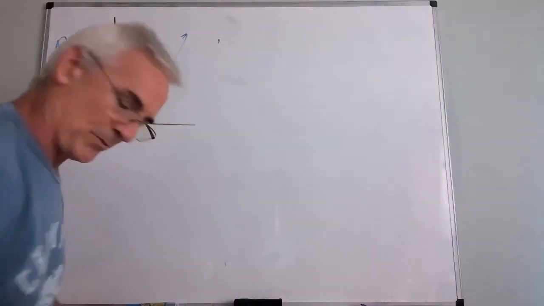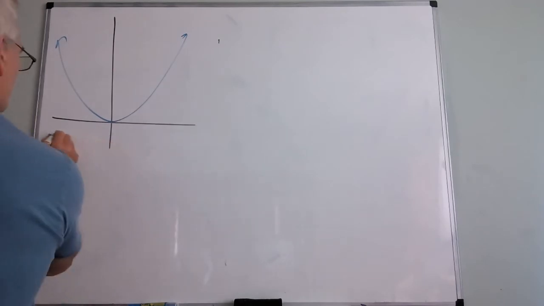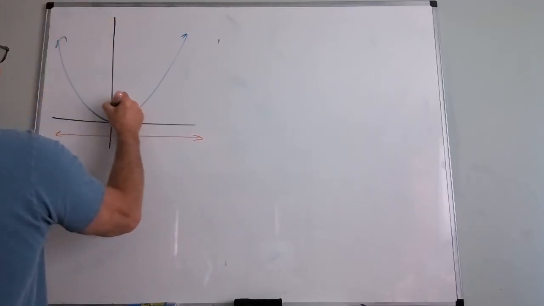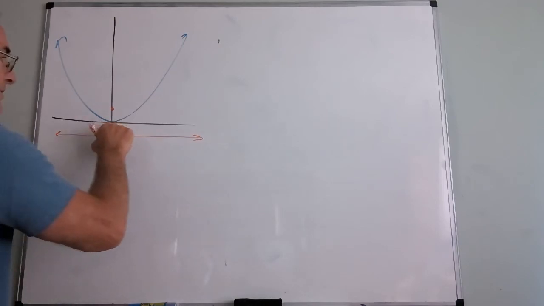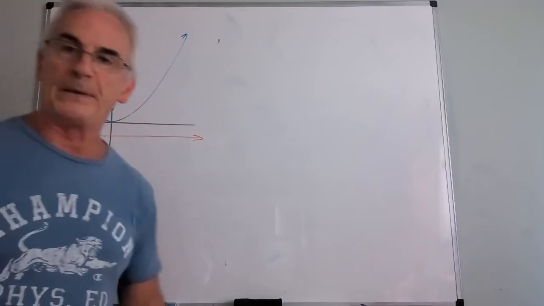So in my picture, there is most definitely a focus. There is most definitely a directrix. So let's say the directrix is about here, and let's say the focus is about here. Now, because we know that the vertex is equidistant from the two, we usually use the value p.